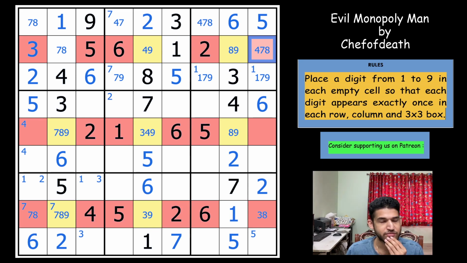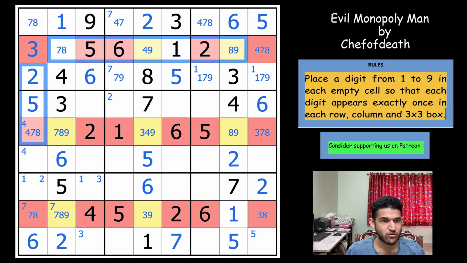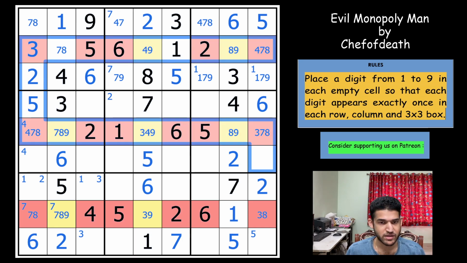So I think we have eliminated 9s from maybe this cell is left out. 3, 7, 8. This cell 4, 7, 8. 2, 3, 5, 6, and 1 and 9 are eliminated. So 4, 7, and 8. Okay. So all these cells that I wanted to eliminate the 9s have been done. So time to remove the colors.